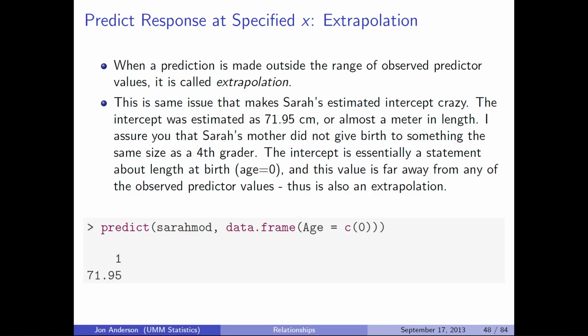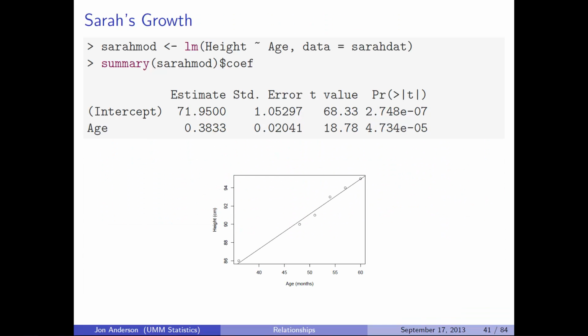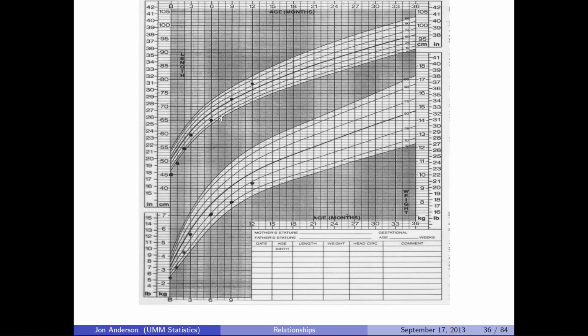It just doesn't make any sense to think Sarah's mother gave birth to something the size of a 4th grade child. The relationship during the part of childhood where we have data on Sarah is not the same as it is back when they're a newborn. If you look back at the growth curve that I showed you, you can see that when babies are newborn, the growth relationship is much steeper and it's not exactly linear.